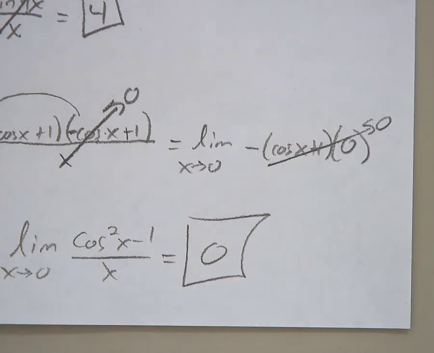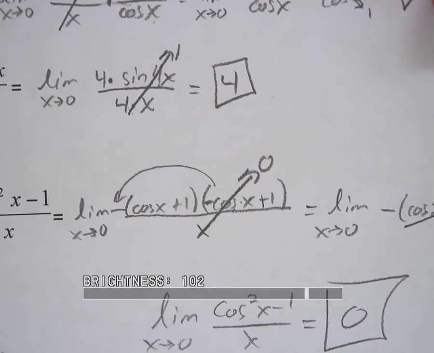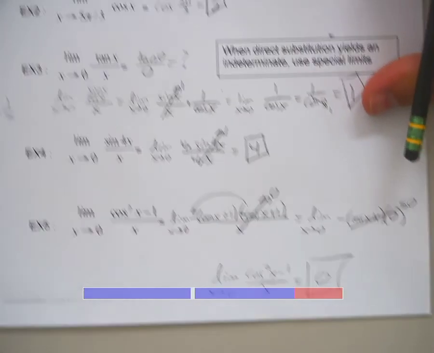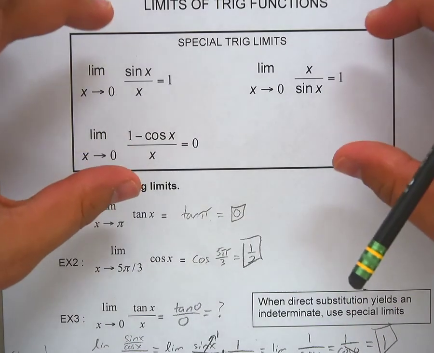All right? So it's a fairly straightforward lesson today. There's going to be a couple of these where you'll have to go through and do a few things as far as simplifying and using these special trig identities, these special trig limits here.